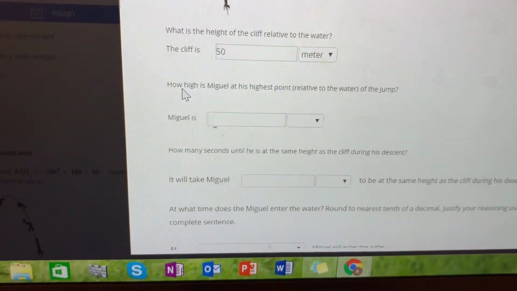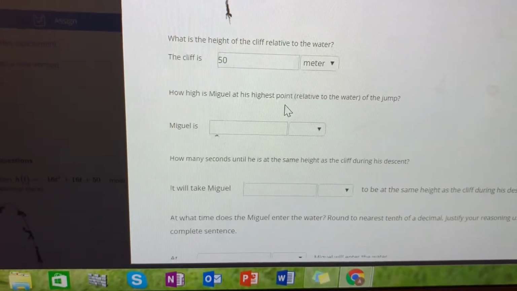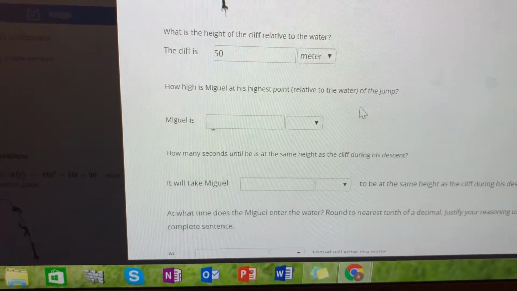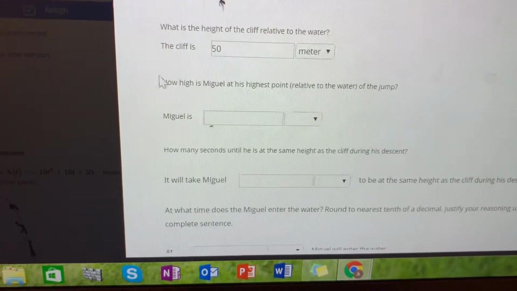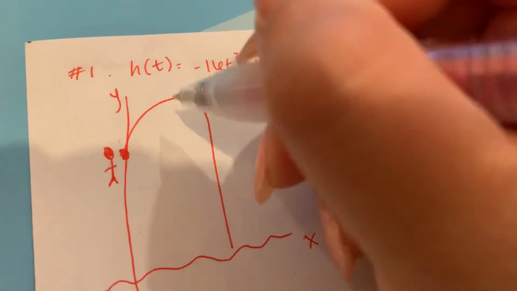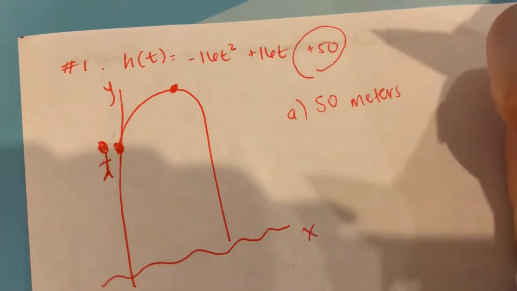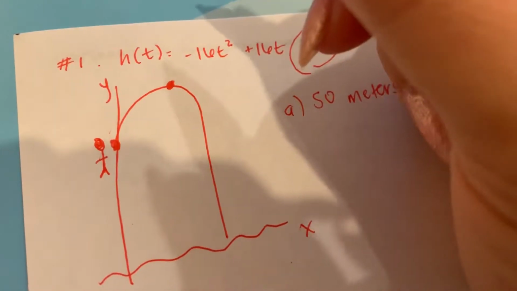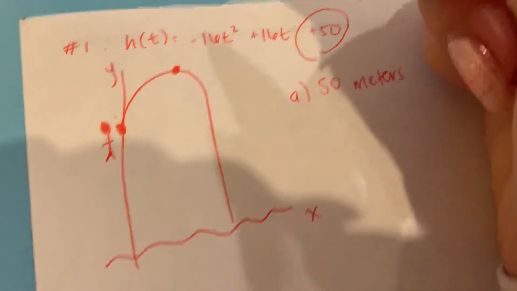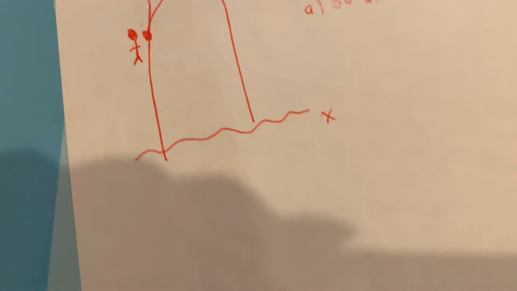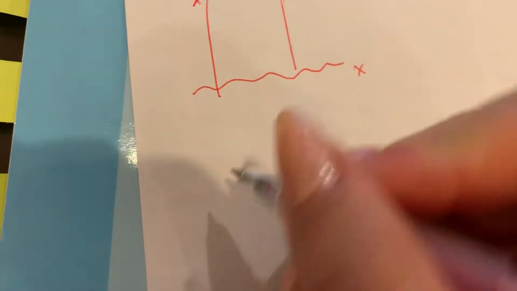Okay, next part, how high is Miguel at his highest point relative to the water of the jump? So the highest point, if I look at my picture, that would be right up top. This is my vertex. So if I'm looking for my vertex, I know that I need to use negative b over 2a.